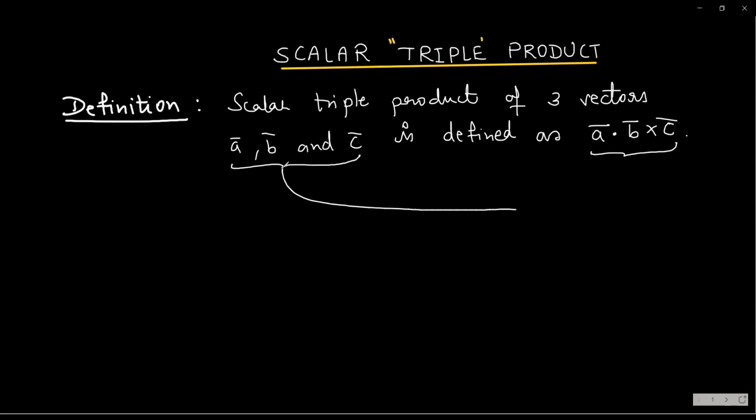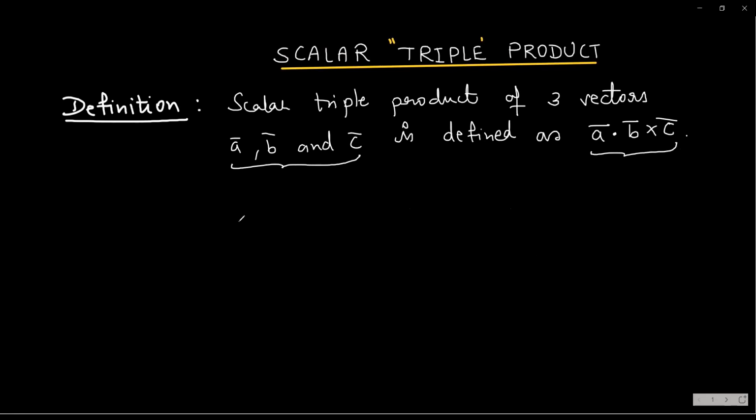Yes, that is true. Is this order A bar, B bar, C bar responsible for you writing A bar dot B bar cross C bar? Yes, that is true. When you say the scalar triple product of A bar, B bar and C bar, you will write A bar dot B bar cross C bar.